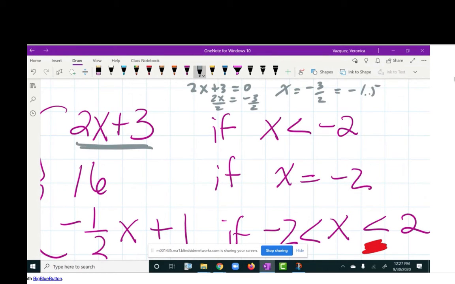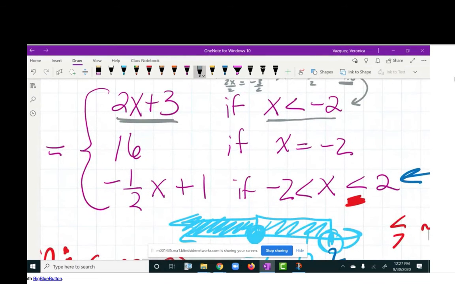Now, if that was my x value, would I put it into this expression? No, I would not, because negative 1.5 is greater than negative 2, and this piece is only for values of x less than negative 2. So that one doesn't work, and we have to abandon it.